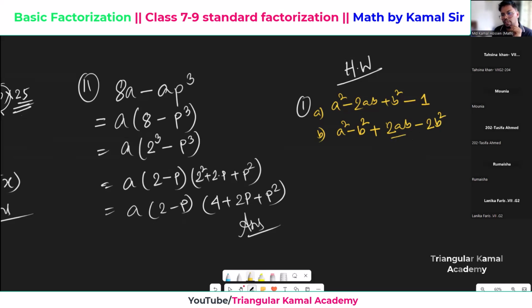If we take 2b common, there will be a and there will be b.